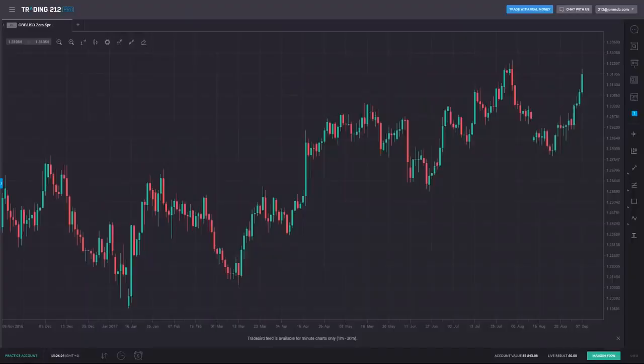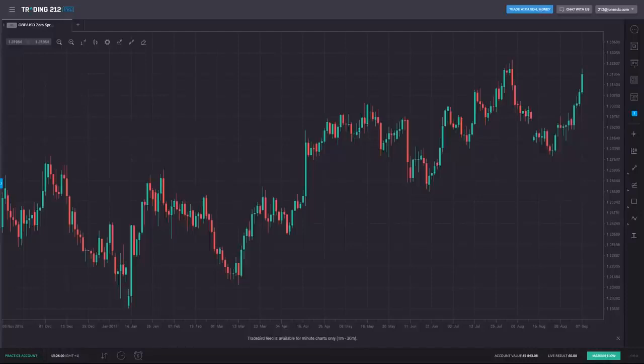So when we're looking at currencies and currency pairs, it's all about relative value. Is one currency stronger or weaker than another currency? And to get an idea of this, let's take a look at how one currency pair has moved over recent months. So all a currency pair is showing is the relative value of one currency versus another.